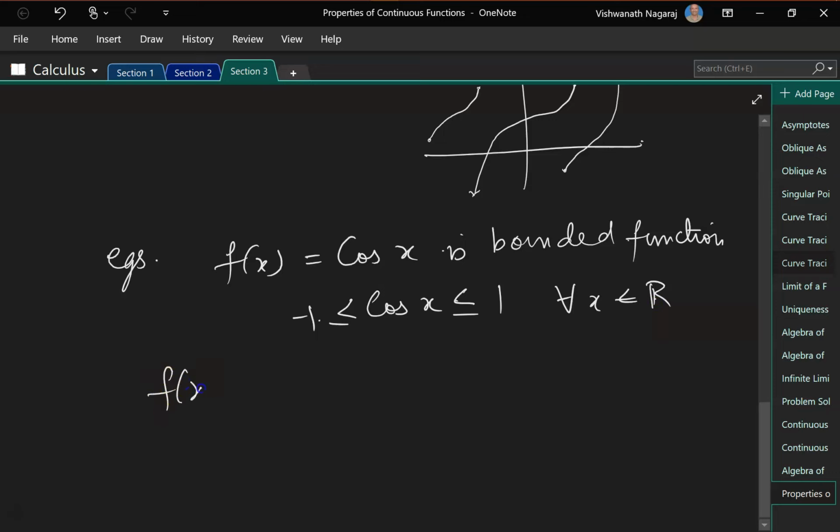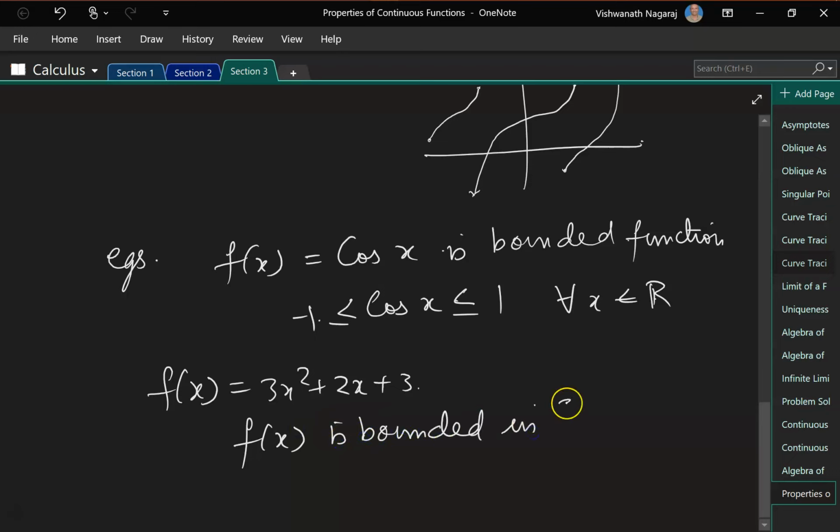Similarly, if you look at f(x) = 3x² + 2x + 3, and we put a restriction on the values of x, then we can say f(x) is bounded in (a, b), where a and b belong to the set of real numbers.